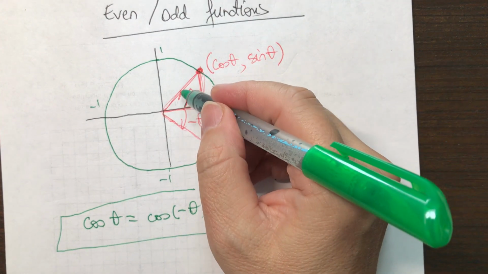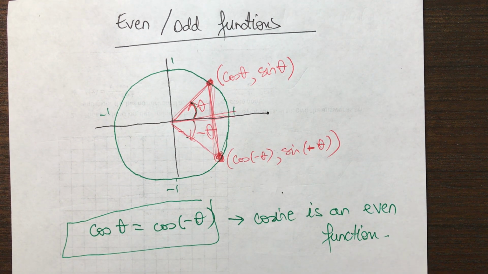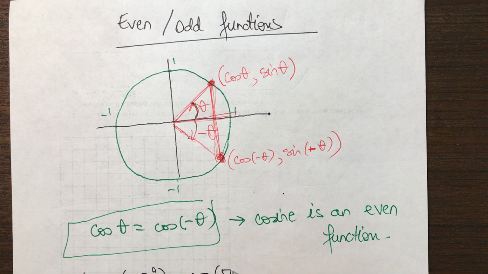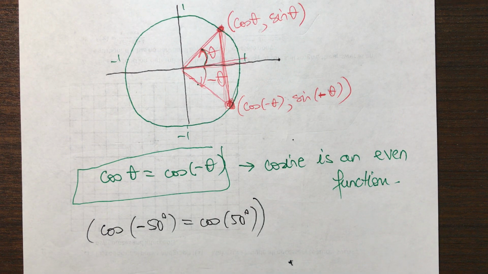So cosine of negative 45 degrees is the same as cosine of 45 degrees, and cosine of negative 50 degrees is the same as cosine of positive 50 degrees. Whether you plug in a negative or a positive, the cosine values are the same.